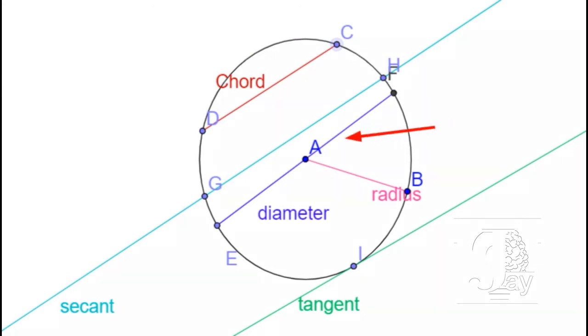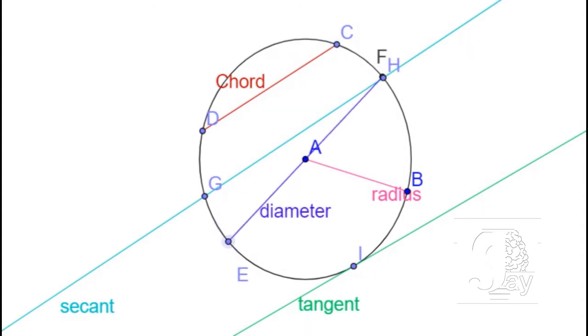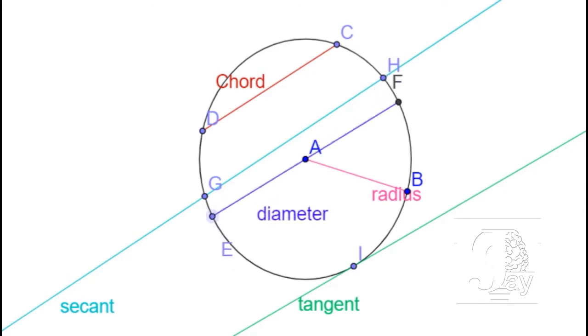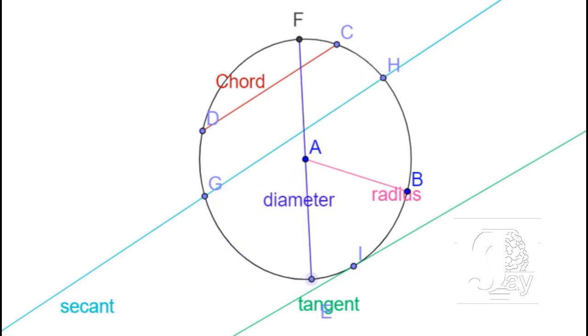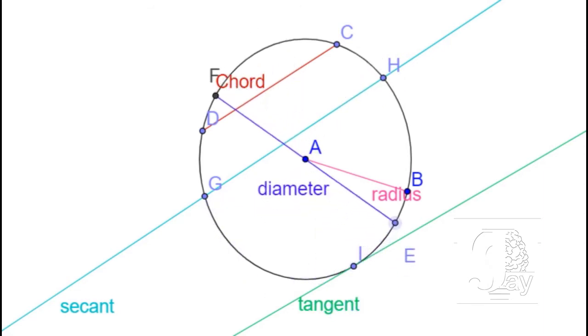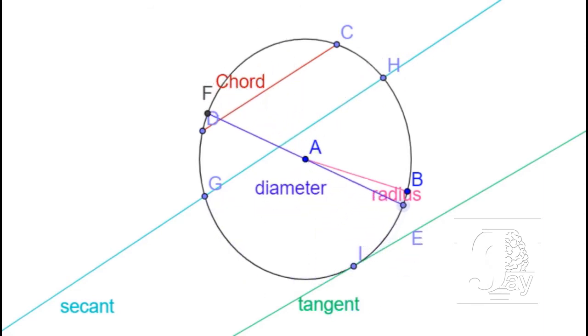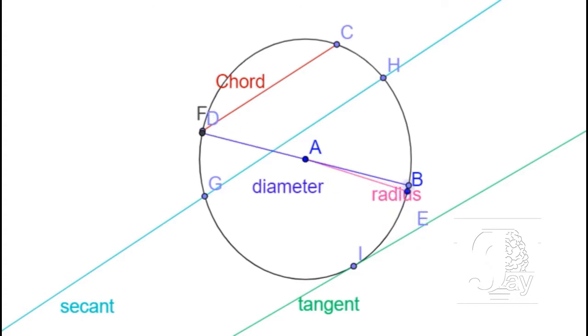The diameter is also a chord because it also joins the 2 points on a circle, but those 2 points are exactly at the opposite of each other. So EF is the diameter, and we can see that EF is 2 times the radius AB.